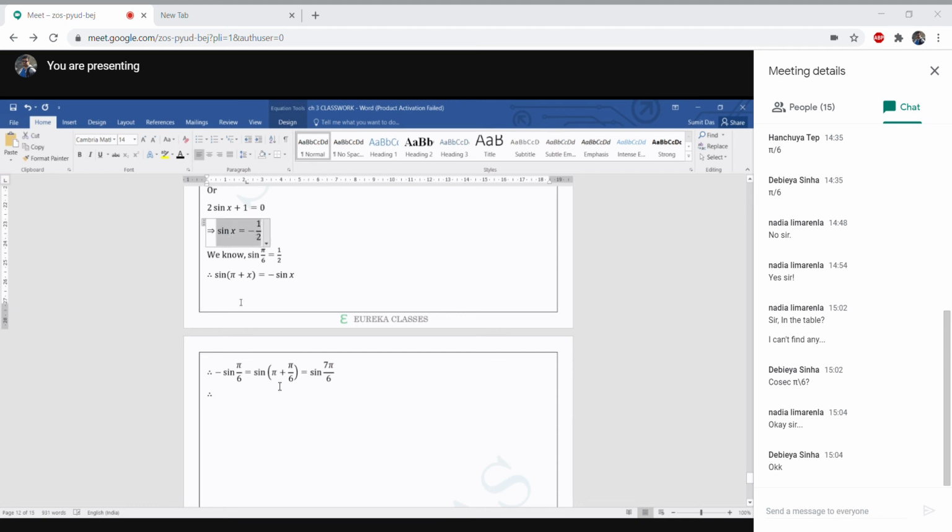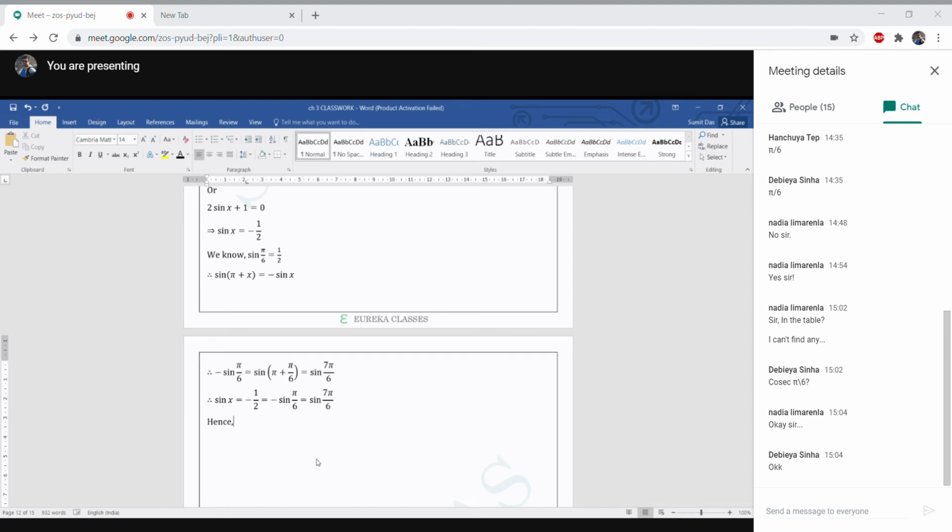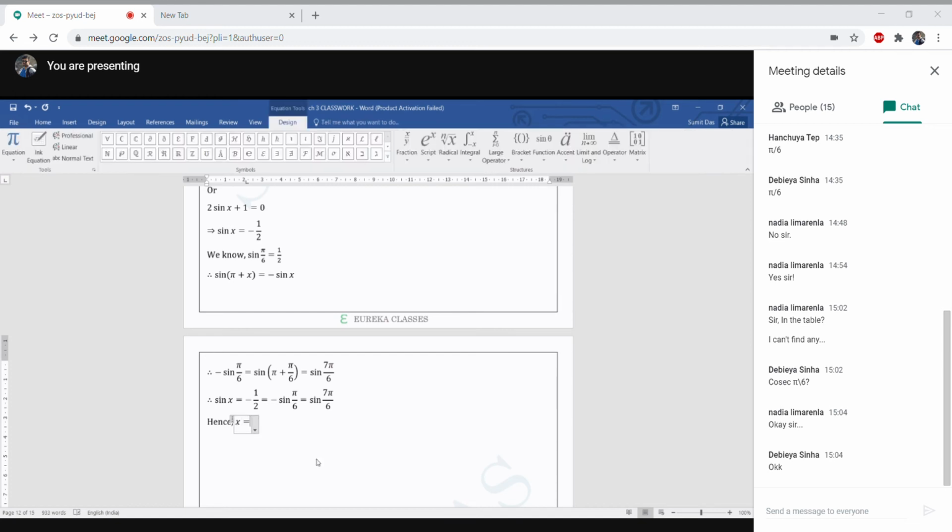Therefore sine x equal to minus 1 by 2 equals sine 7 pi by 6, which implies x, hence the solution, x equal to n pi plus minus 1 to the power n, 7 pi by 6.